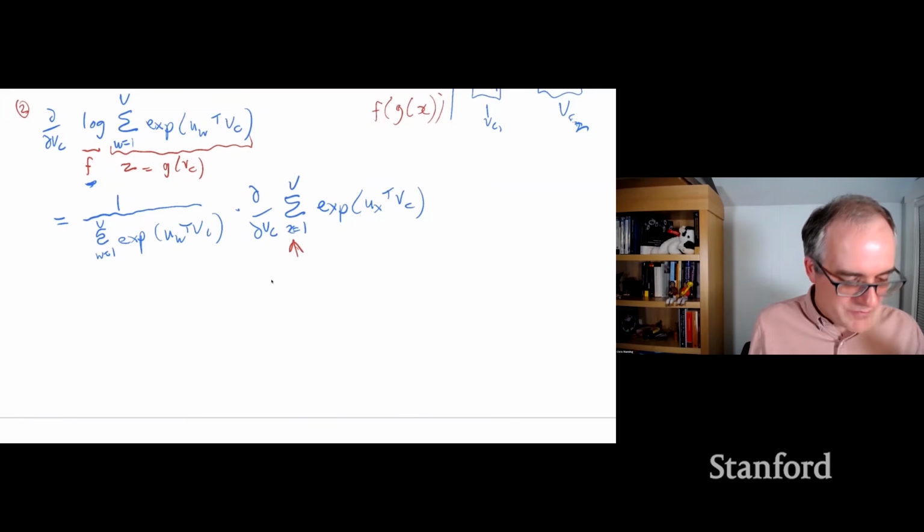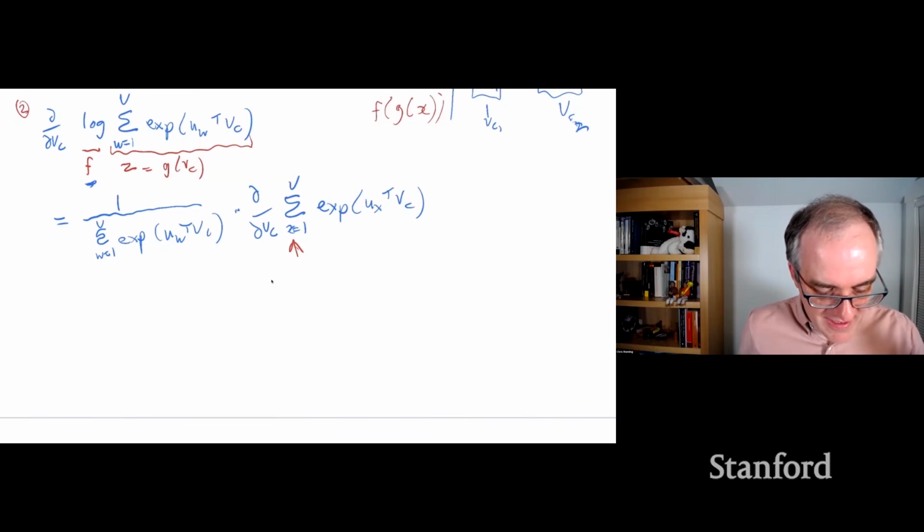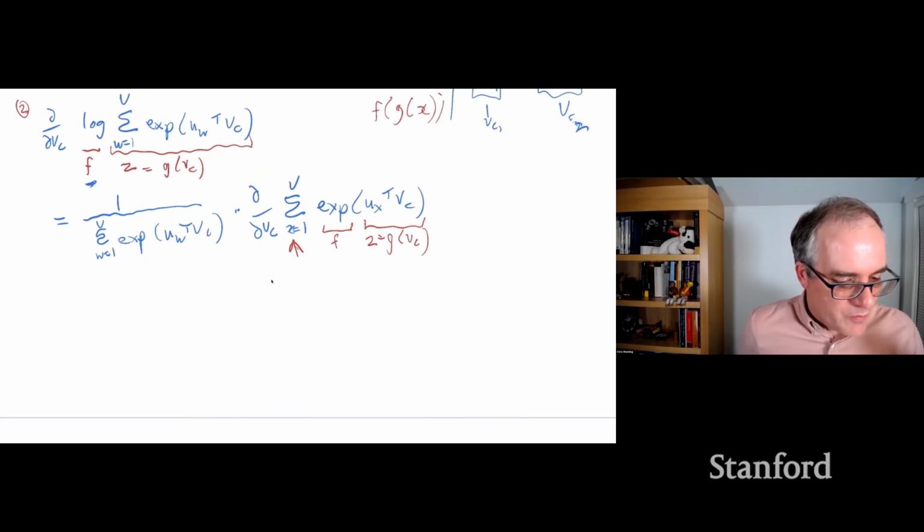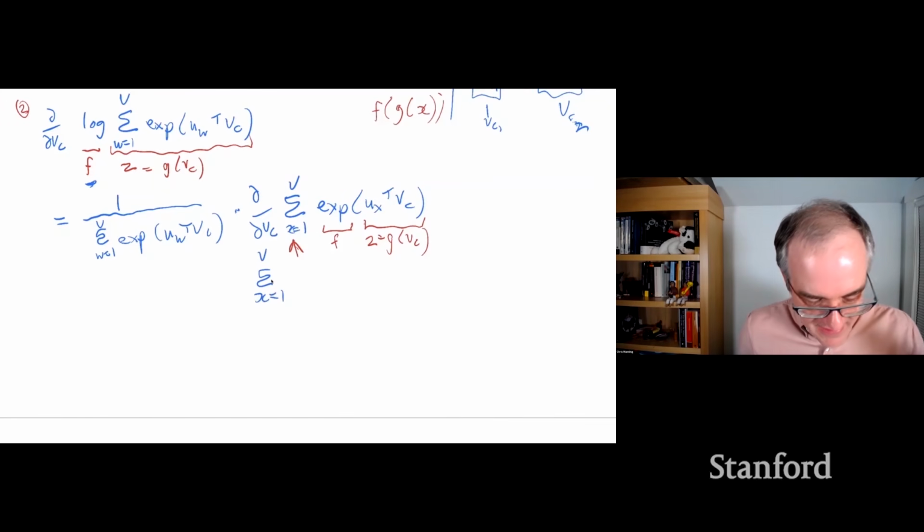Okay, so at that point, we're making some progress, but we still want to work out the derivative of this. So what we want to do is apply the chain rule once more. Now here's our f, and in here is our new z equals g of vc. And so we then repeat over. We can move the derivative inside a sum always. So we're then taking the derivative of this.